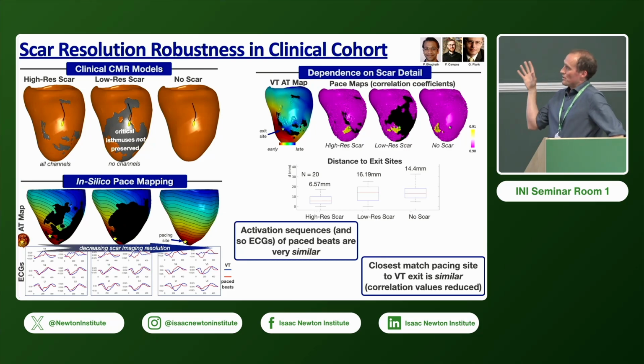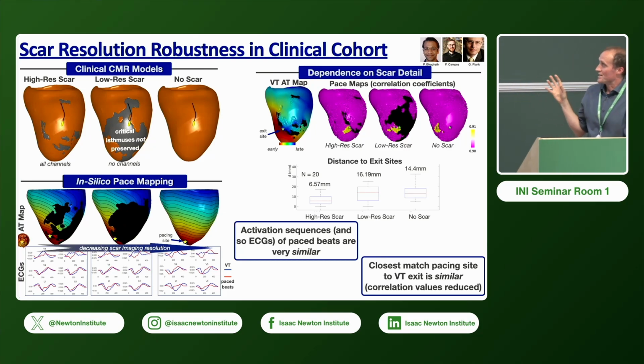So I won't dwell too much on this slide, but this is very preliminary work, and this seemed to be the case. Here we took some models. We had models which had all of these fine isthmuses. Then we had models where we filled in all of the critical pathways, so the scar just looked like this big blob. And then we had a model without any scar at all in it.